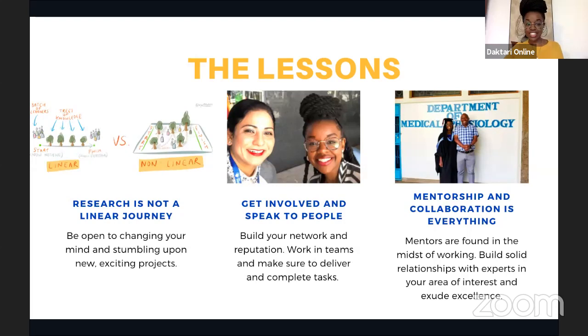Okay, then research is not a linear journey, so be open to changing your mind. You might start research on, like me, reproductive physiology, then later think, oh my gosh, I think I'm interested in surgery. So you follow a different path in surgery, and that's okay. Be open to stumbling upon new exciting projects. I am now not sure I want to focus on basic sciences.